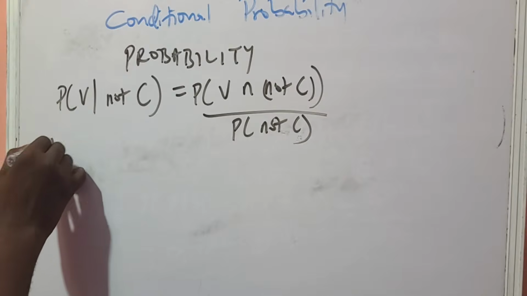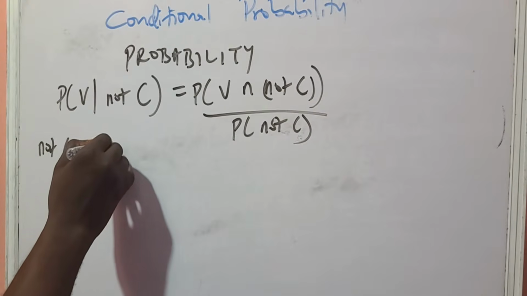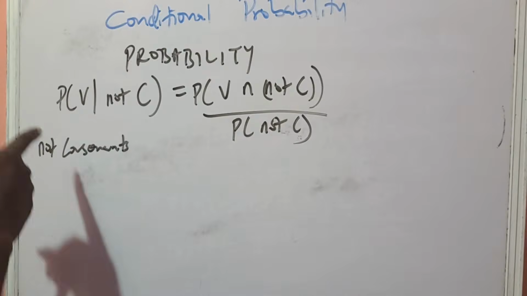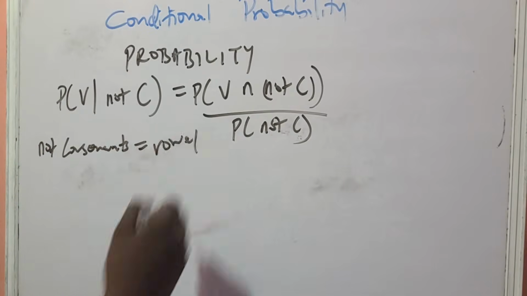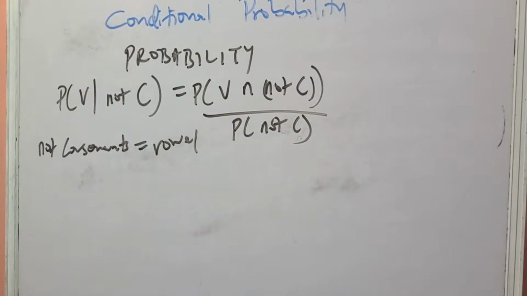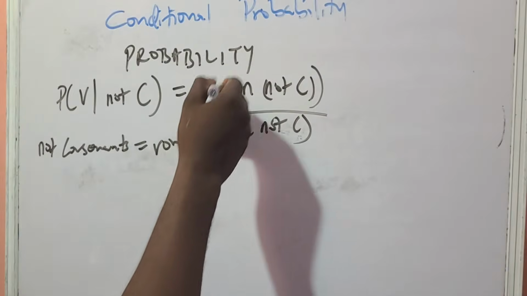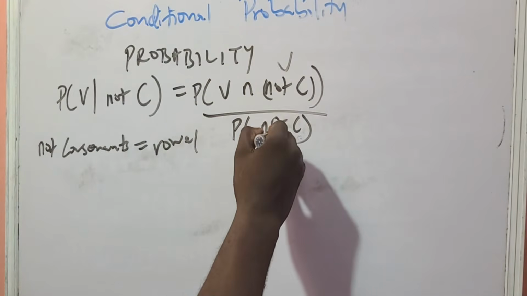In the alphabet, we only have 2 sections, consonant and vowel. So when they say non-consonant, it's more like saying vowel intersection vowel. This is still vowel, this is still vowel.